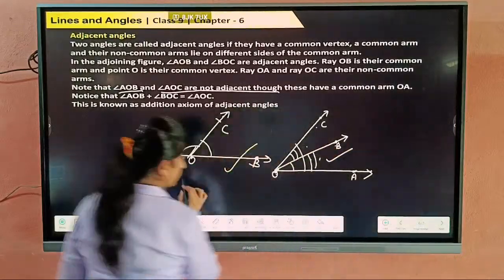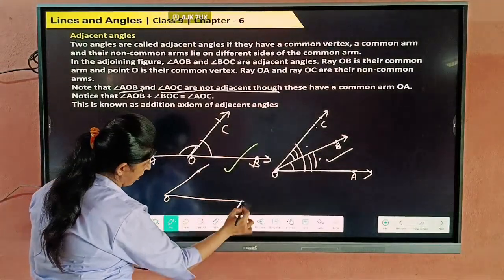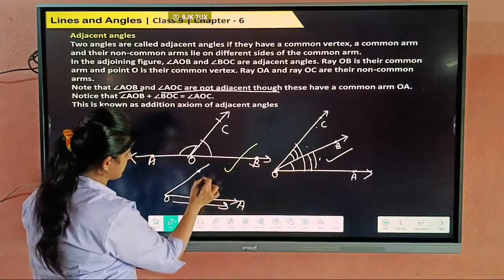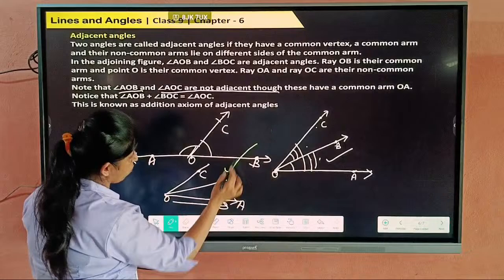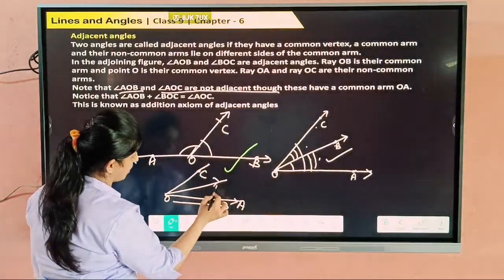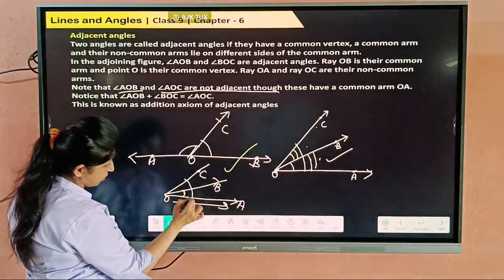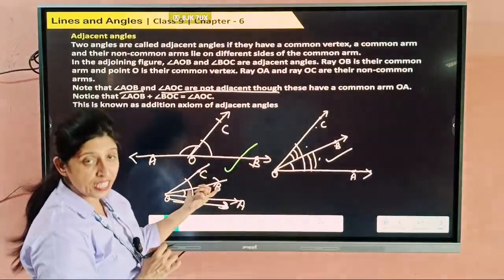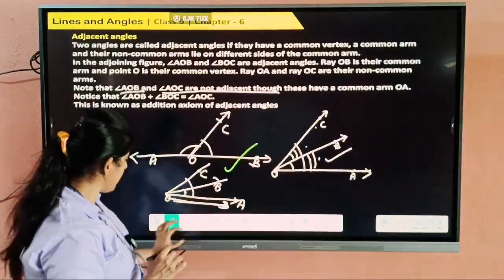Look, this is the common arm in AOC and AOB. This is the AOB angle and this full one is AOC. They have a common arm OA, but it is not in between these two angles. That's why we can't say that these two angles are adjacent.